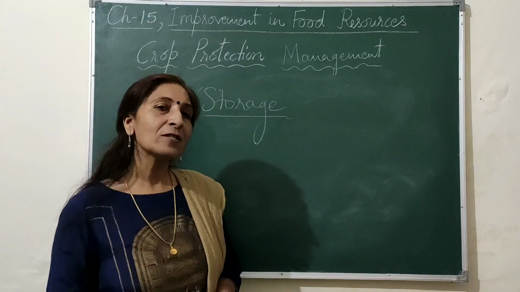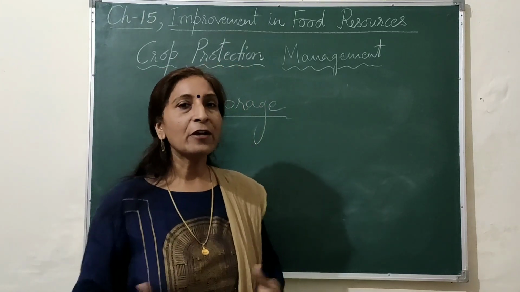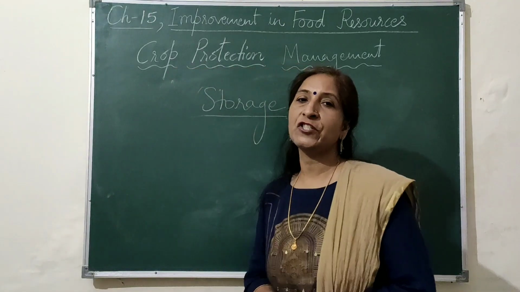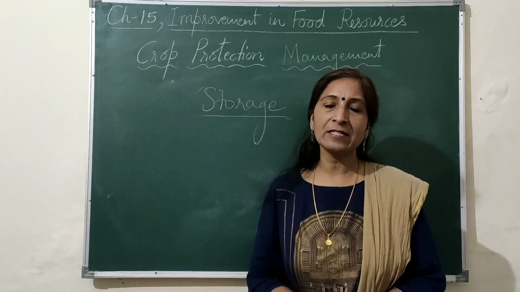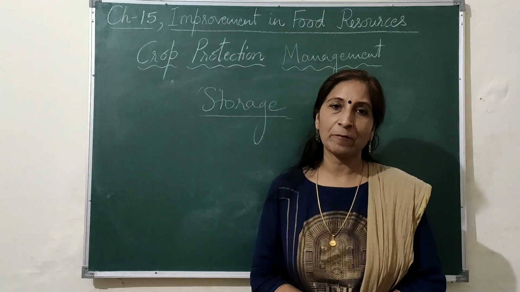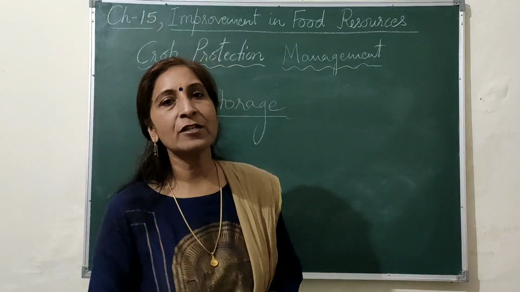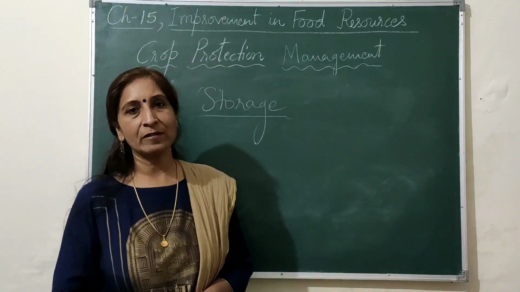Then there is loss in weight because insects have eaten them up. There can also be poor germinability of these grains, and they cannot be used in future for growing the next crop. And as a result, the marketability of these stored grains is reduced greatly.